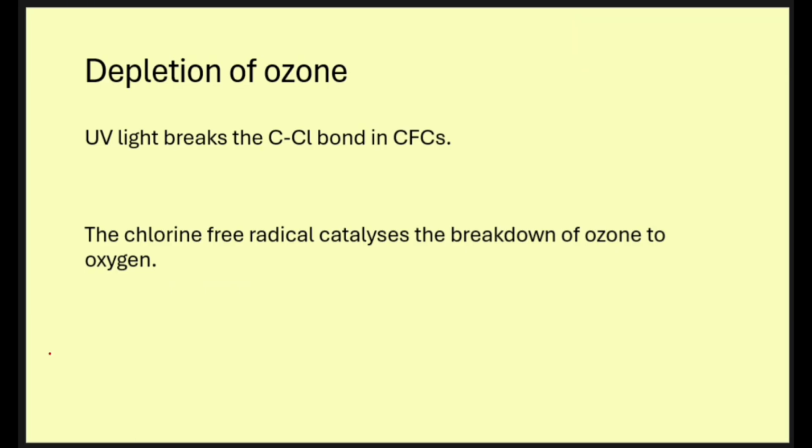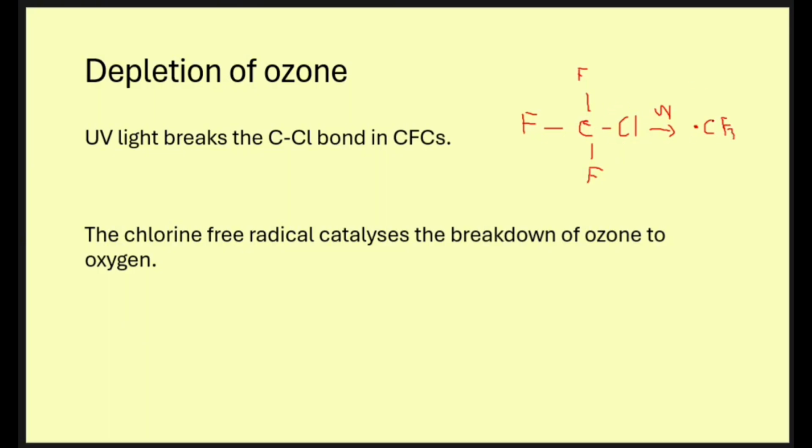So the depletion of ozone. UV light breaks the C-Cl bond in CFCs. So if we draw the molecule like this, we'll just have 3 fluorines and 1 chlorine on this one, and then UV light causes it to break down into these 2 free radicals, CF3, because we've lost this one.